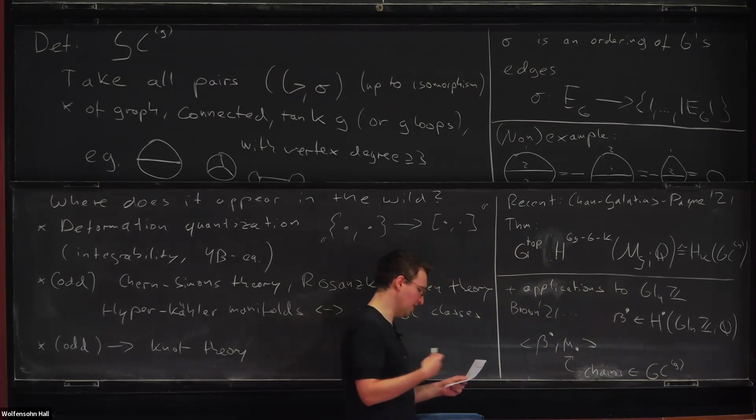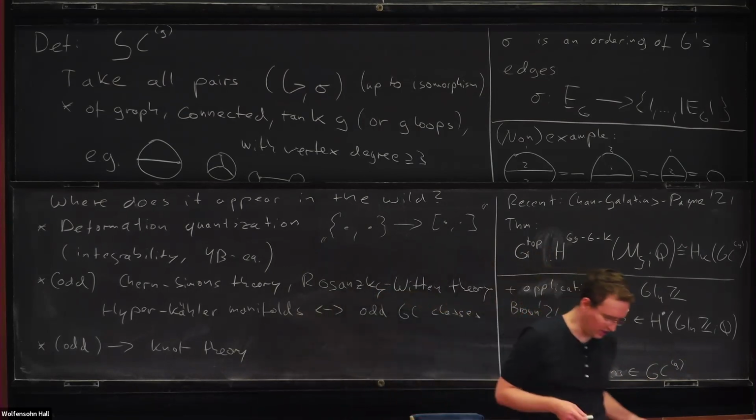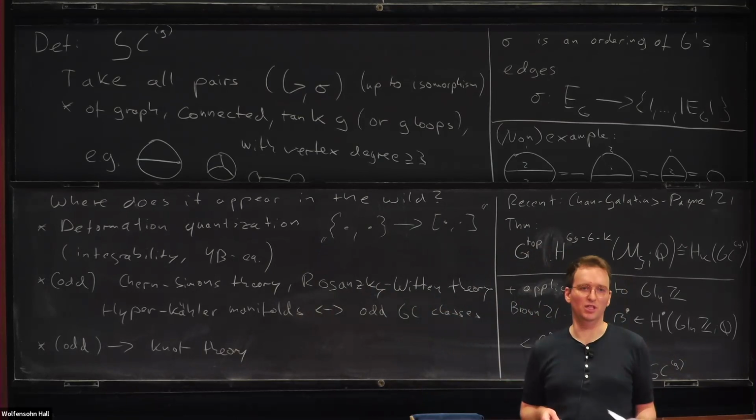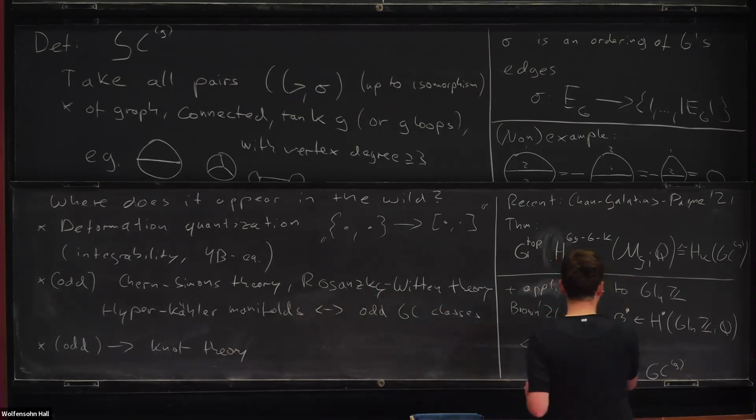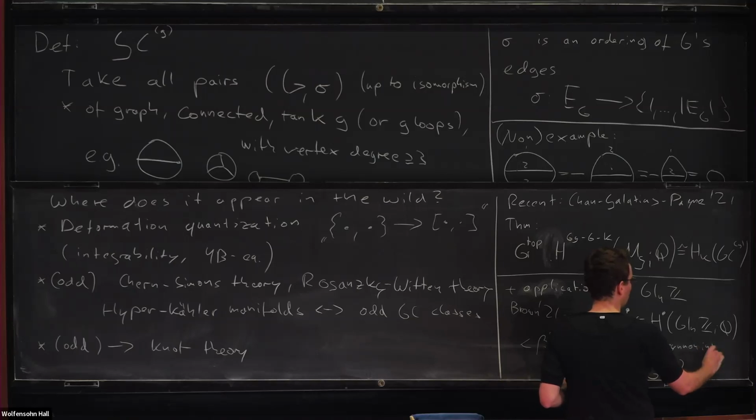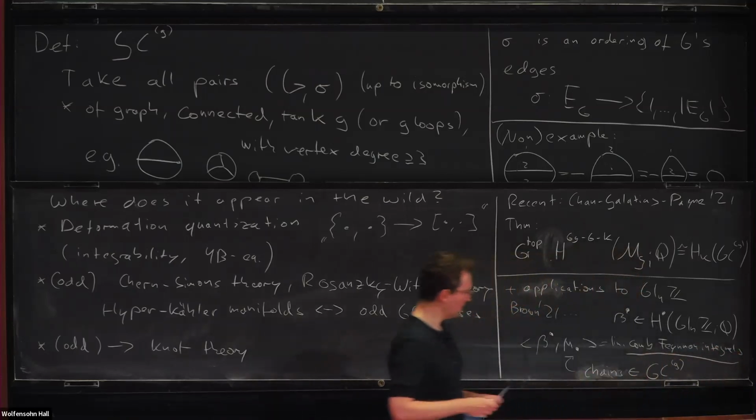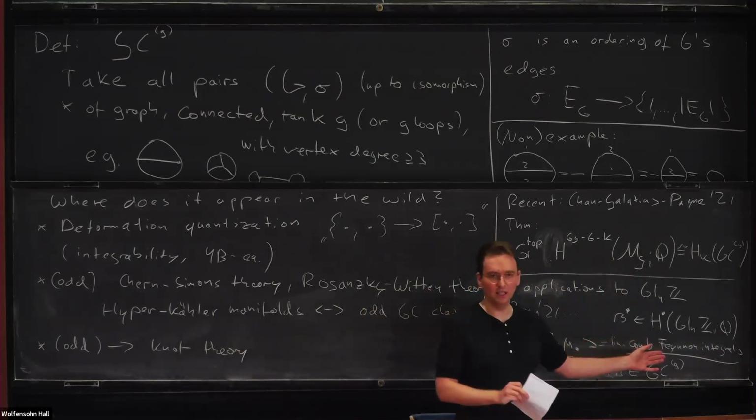And it was figured out by Brown that this pairing evaluates to Feynman integrals. So this is a linear combination of Feynman integrals. And Feynman integrals are very important in fundamental physics and in the perturbative expansions of quantum field theories.